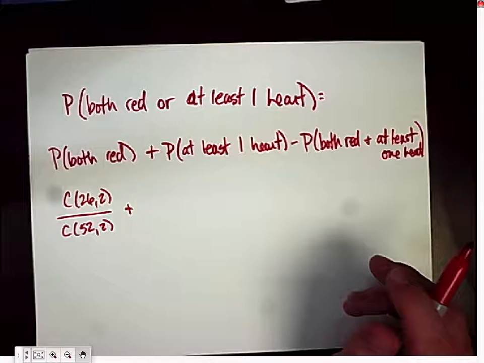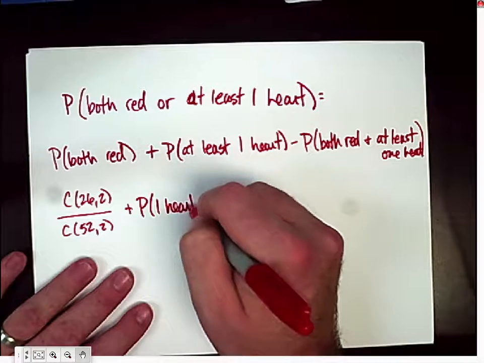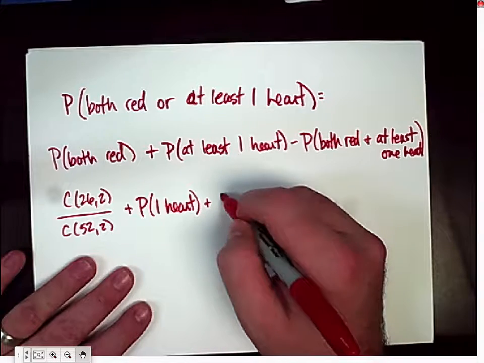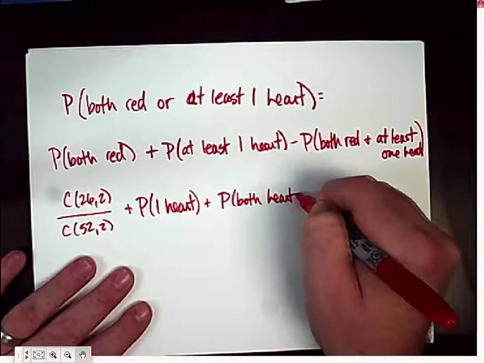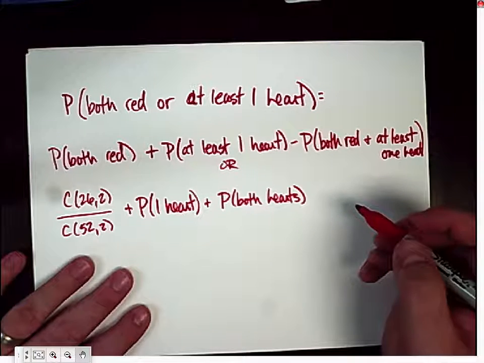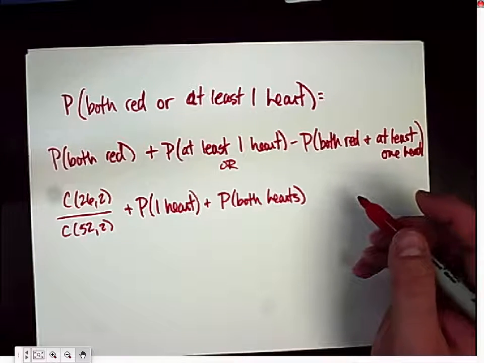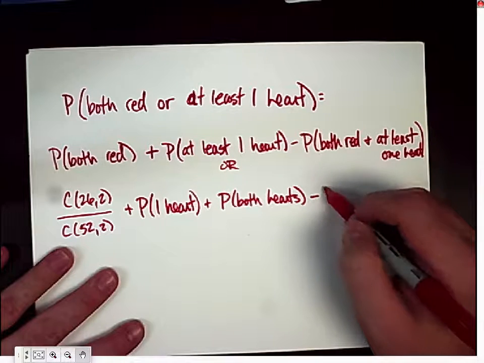You've either got one heart or both hearts, right? So that becomes the probability of one heart plus the probability of both hearts, because that's an or, right? And you don't have to subtract anything, because if there was only one heart, it can't both be hearts, right? Minus this junk.